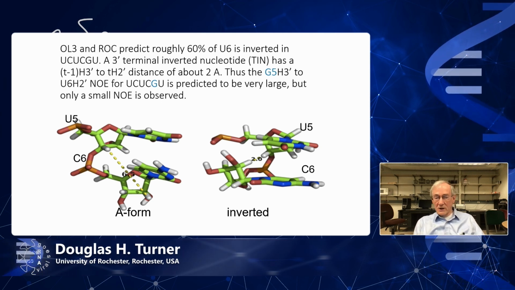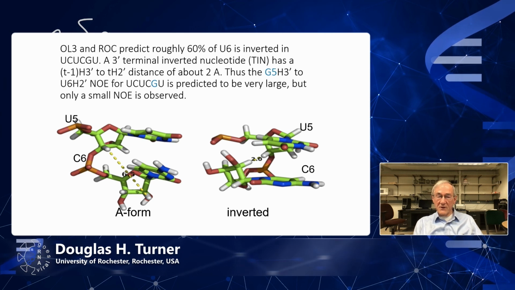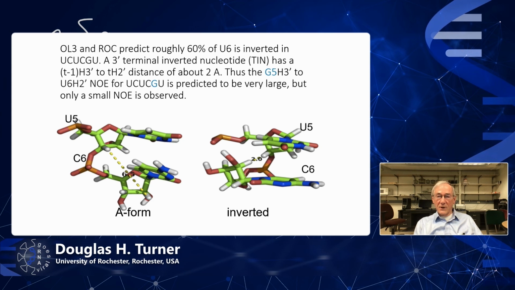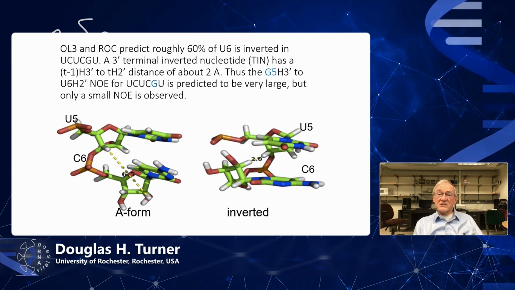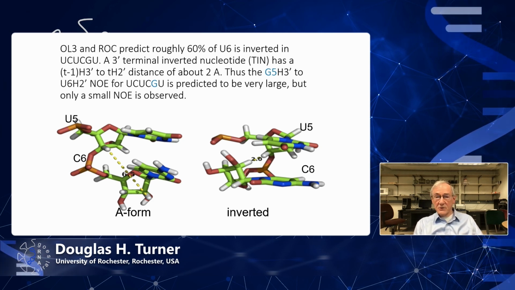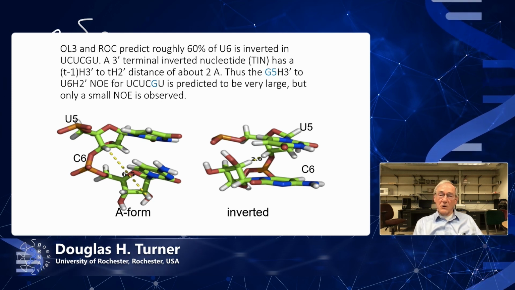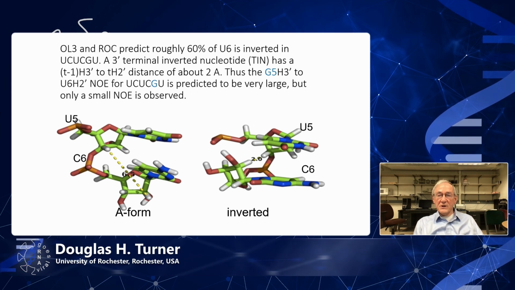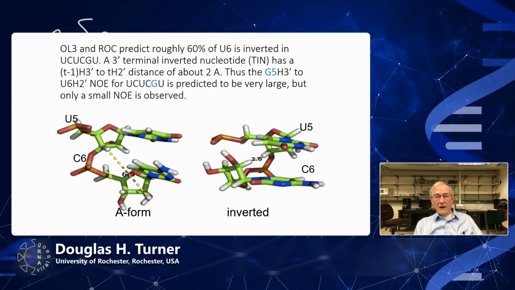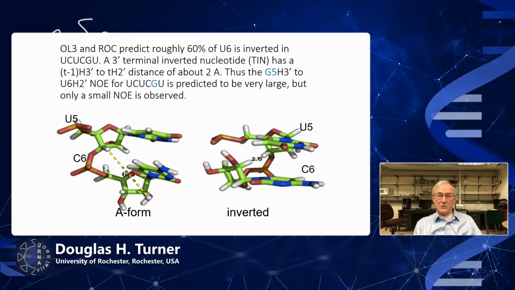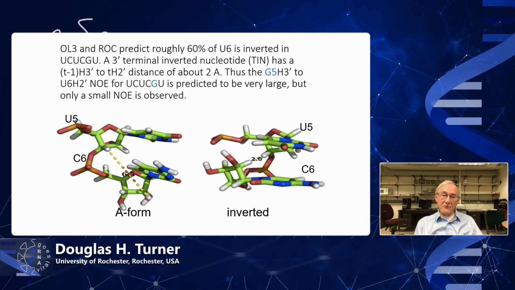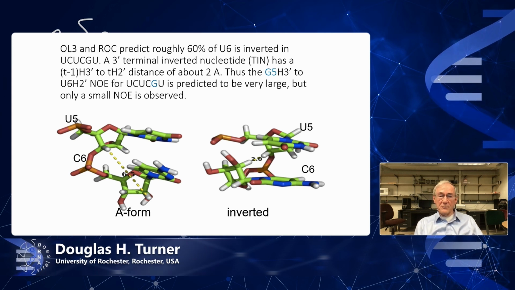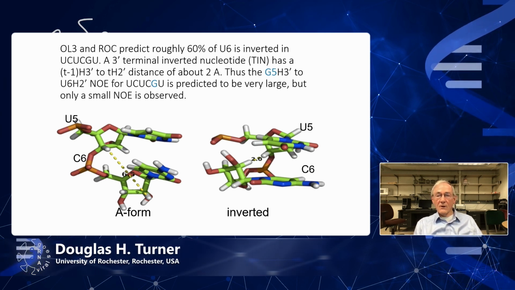What you measure in an NMR spectrum, the volume of those mountains I tried to mention to you, goes as the 6th power of the distance between the 2 protons. So if you have an inverted terminal nucleotide, you predict a huge NOE, a huge mountain in your spectrum. If it's A form, you expect to see almost nothing, or maybe even nothing, depending on your instrument.